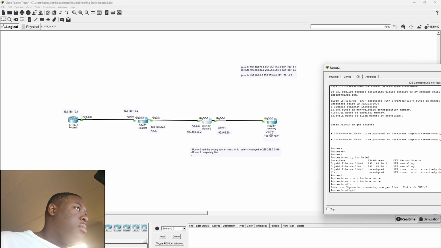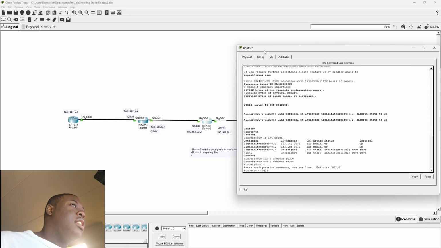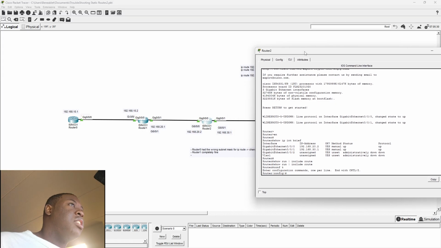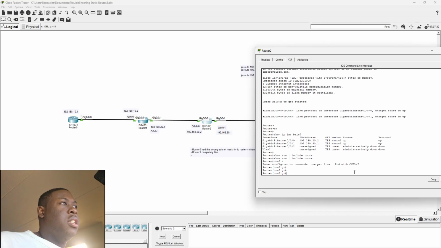Then backwards, we're traveling from 30.1 to 20.1 to 10.1. So the next hop for this one would be 20.1, since we can already ping 20.2.